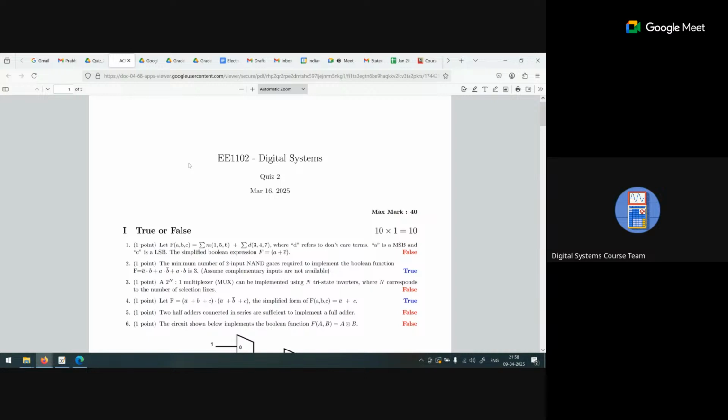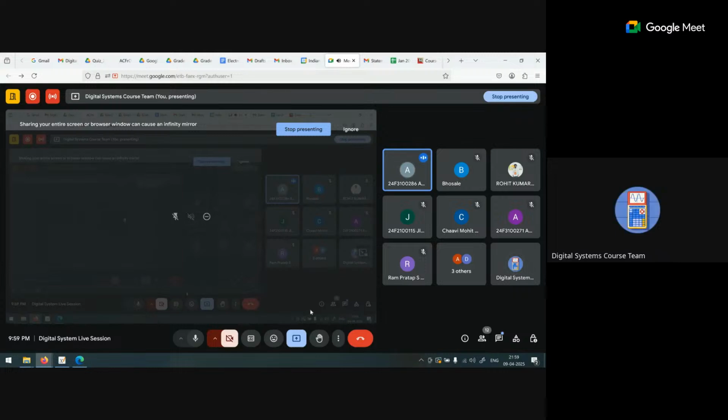If you have any doubt, we will solve that in the next class. In the next class, we go with week 9 to 12, that is the sequential circuits. Yes, sir. Good night. Thank you all.